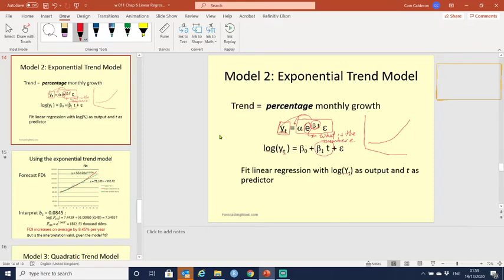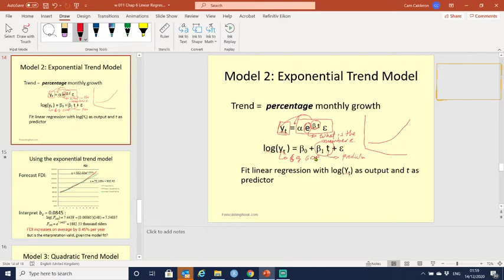So we are going to fit a linear regression with the logarithm of yt. Y, remember, can be any variable that we are studying, say, for example, GDP, and we are going to use time t as a predictor.